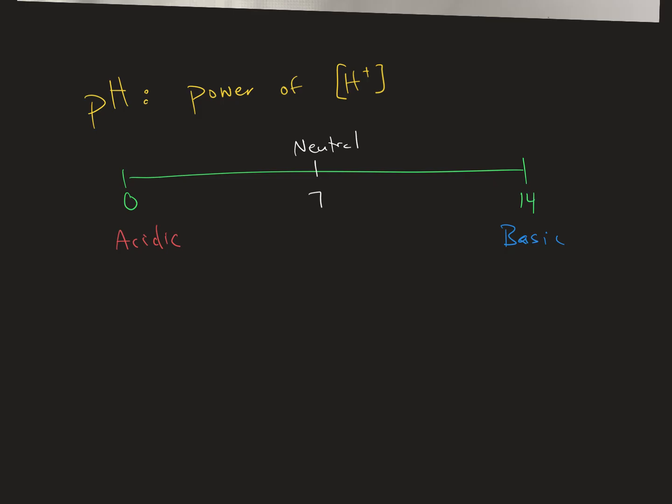So the first equation that we'll give you: pH is equal to negative log of the H plus concentration. Remember, brackets mean concentration, generally in molarity. It really needs to be molarity.